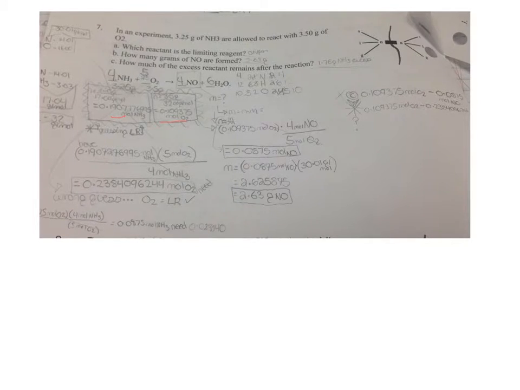And then right here, you were looking to see how many moles of oxygen you'd need. You came up with this, but you only have that many moles, 0.109. And so you didn't have enough oxygen, therefore oxygen is your limiting reagent.